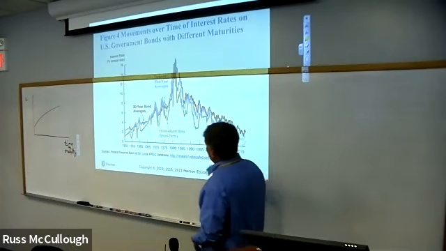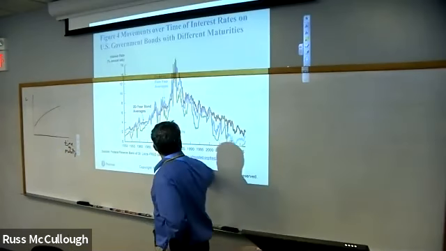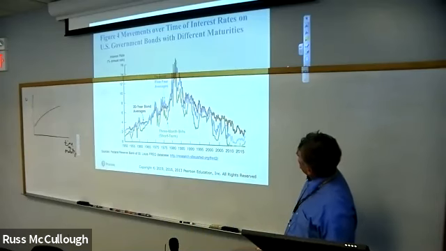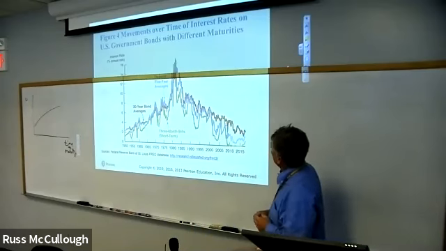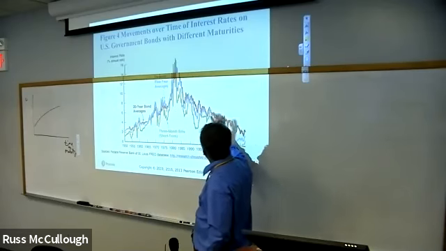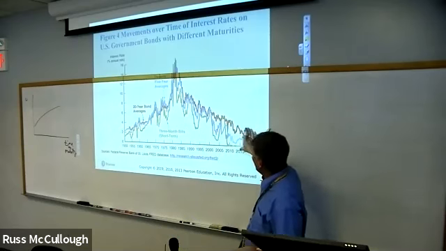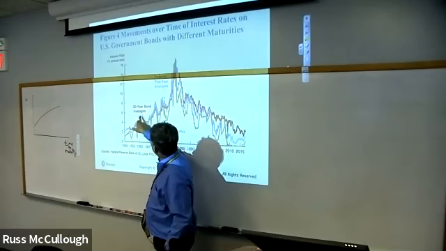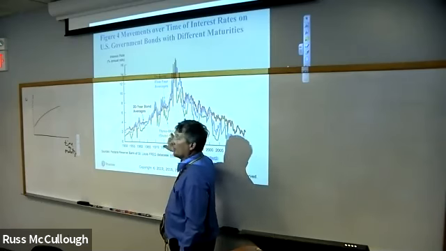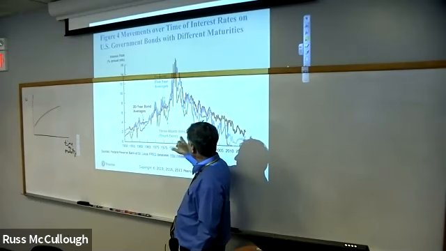So here is 1950 to 2015 U.S. government bonds with different maturities. So again, are they moving together or apart? Together. So in general, we've got 20 years the red, 5 years the blue, 3 months, which are usually called T-bills, Treasury bills.